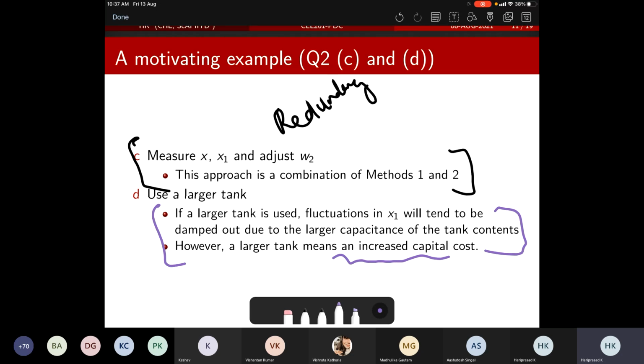So when you work in an industry, when you design an industry or when you give consultancy advice, you have to take care of all these factors. Let's recapitulate what we have seen. Nominal operation is basically a design spec.